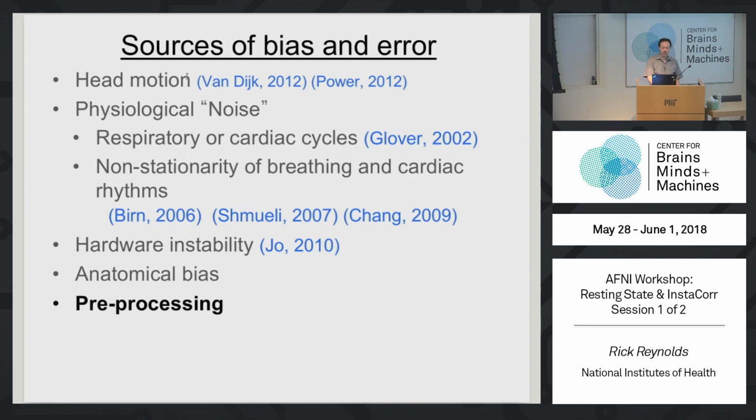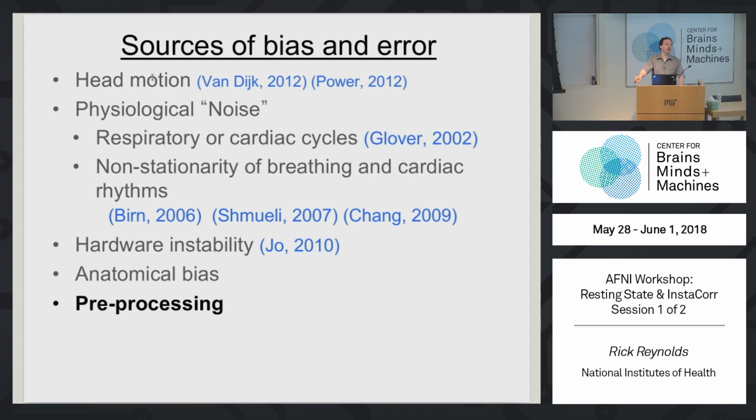So head motion, of course, can cause the correlations. Again, one of the concerns that came out in 2012 was that you're comparing this patient group to a group of normals in some sense. So for some reason, the patient group is much more prone to motion.